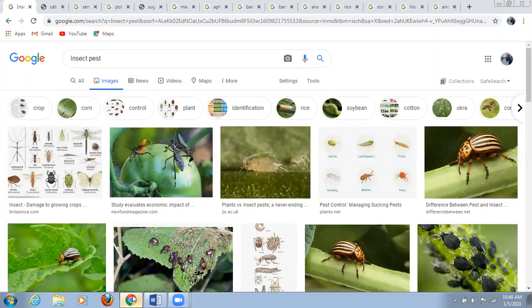It is important to learn the concept of pest. A pest can be defined as any organism, whether plant or animal, whose population increases to such an extent as to cause economic loss of the crop; that we call an insect pest. These pests damage agricultural crops and cause economic loss to the farmers.